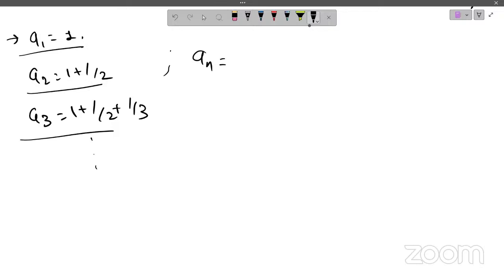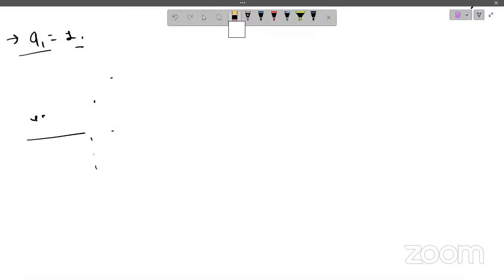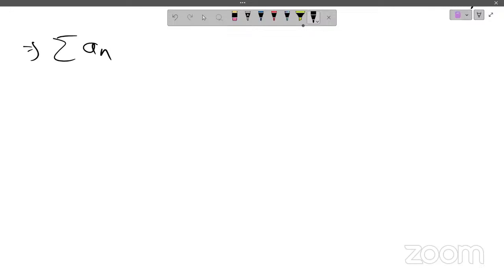From that series, you can extract a sequence. Suppose you have some series, summation a_n. This is something like a naught plus a1 plus a2 and so on.